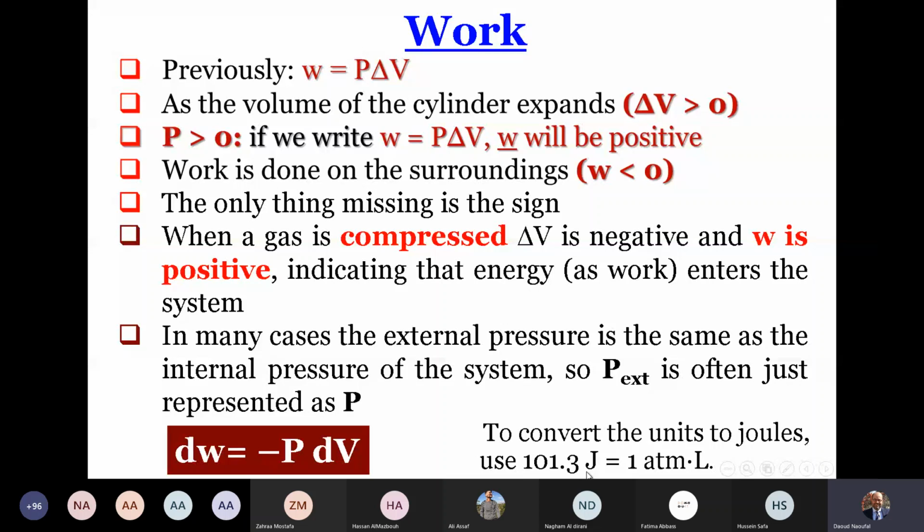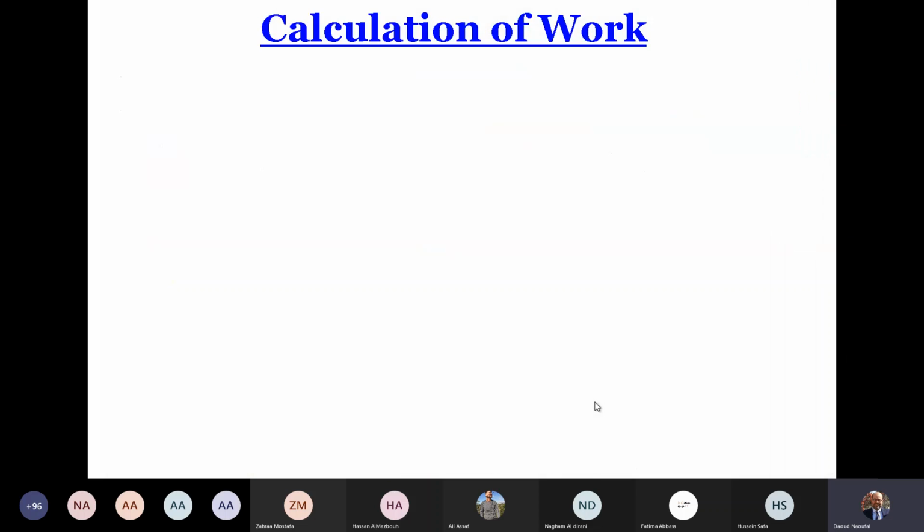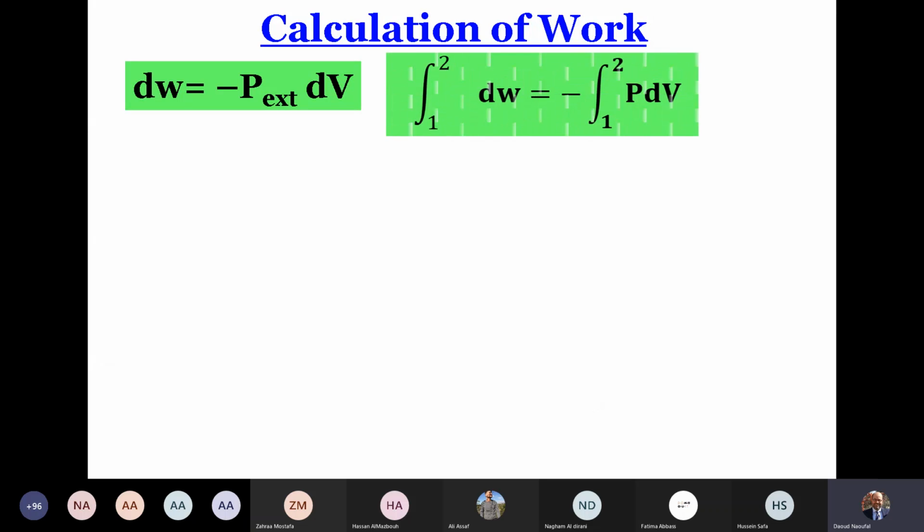All the conversions will be given in the exercise. We pass to the calculation of the work: dW equal minus P external dV, or dW equal minus P dV. So we solve the integral of dW from initial state 1 to the final state 2, equal to minus the integral from 1 to 2 of P dV.